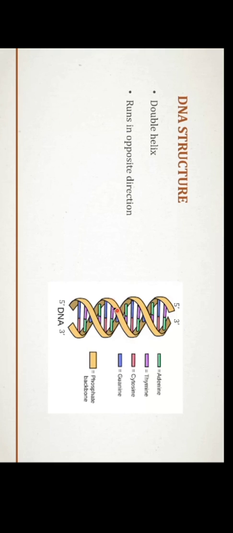This is what we call the phosphate backbone of the DNA. The first strand runs in this direction, from 5' to 3', and the other strand runs in the opposite direction, from 3' to 5'. The first strand goes this way, and the second strand goes that way. That is why your DNA runs in an opposite direction.